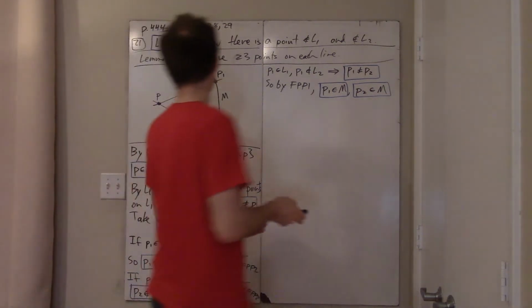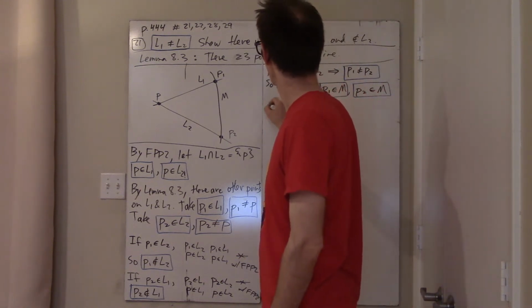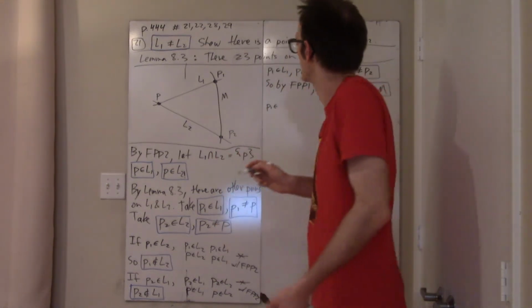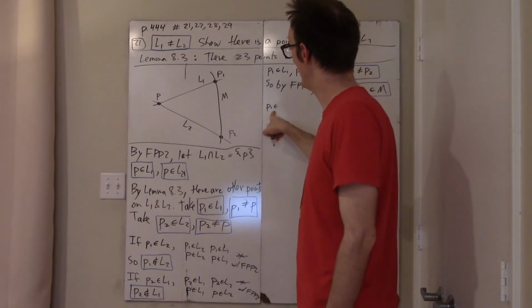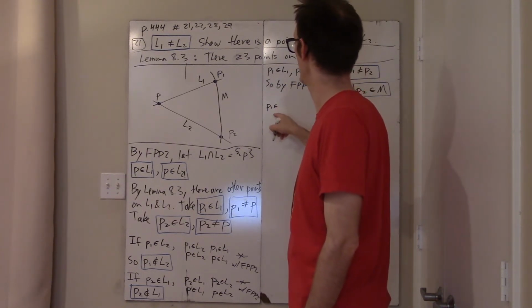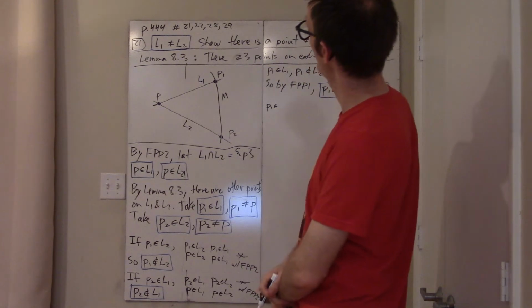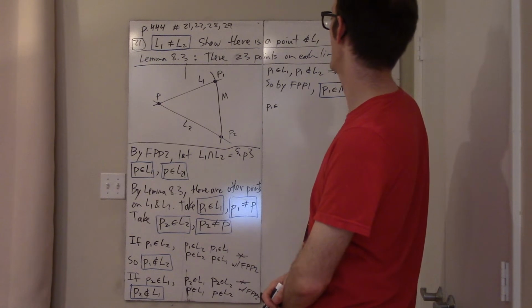And the logic is kind of the same. What is the problem? If P1 were on, and now I'll introduce a different notation, maybe you prefer it. What was I trying to say? That M is different from L1 and L2.